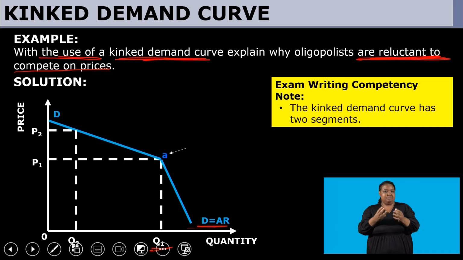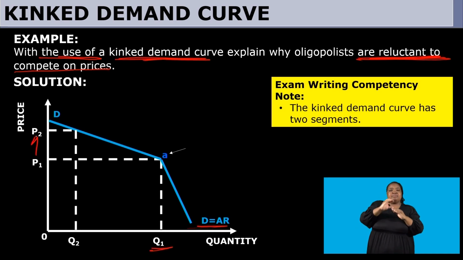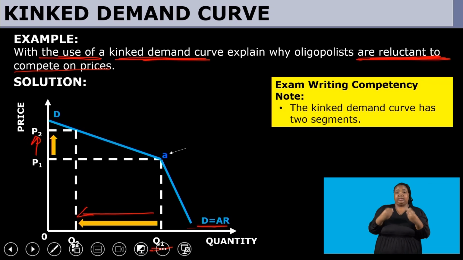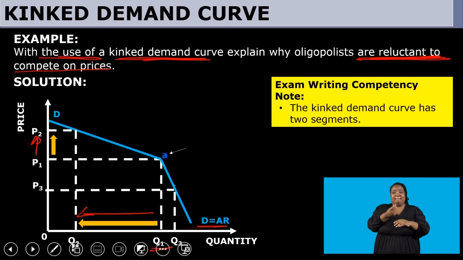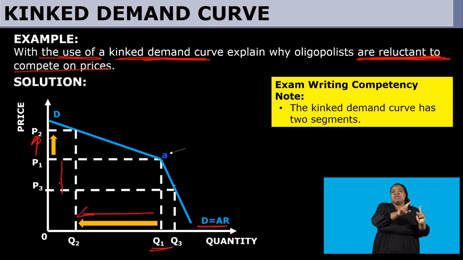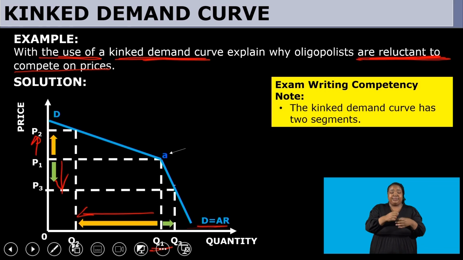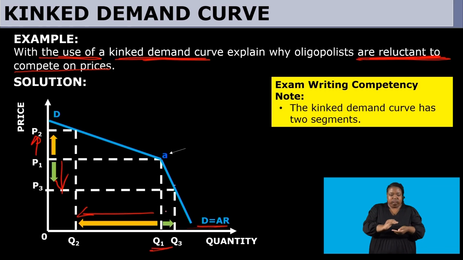So let's say the firm decides to increase the price from P1 to P2. Obviously, the quantity will decrease by a very big magnitude from Q1 to Q2. What if the firm decides now to reduce the price from P1 to P3? What happens? The quantity increases by just a small magnitude.